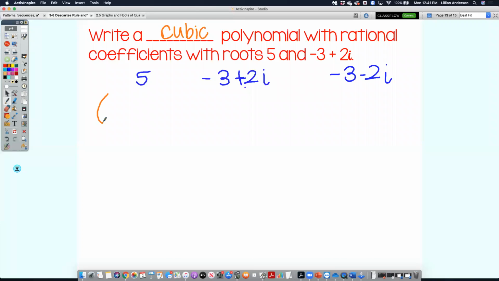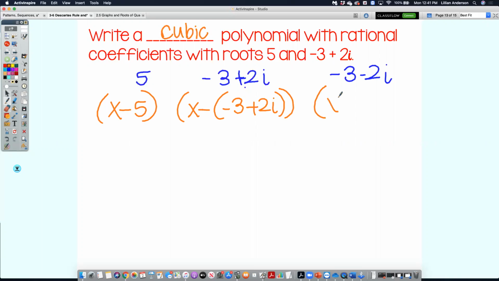Of course, the real one is going to be x minus 5. This imaginary one's going to be x minus parenthesis -3 plus 2i. And then this last one's going to be another x minus, but this time it's -3 minus 2i, when I distribute over the negative.